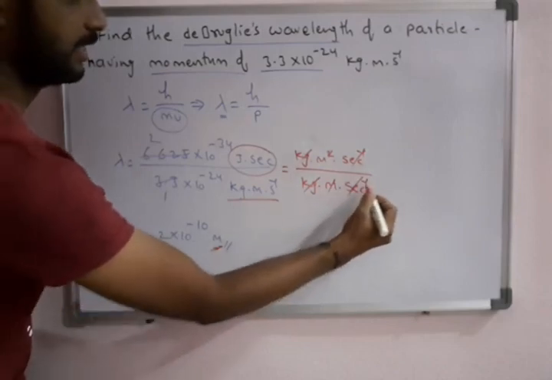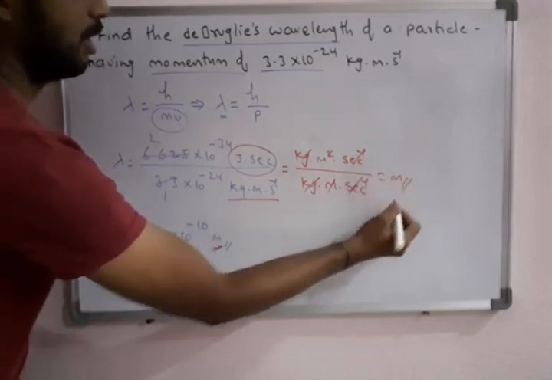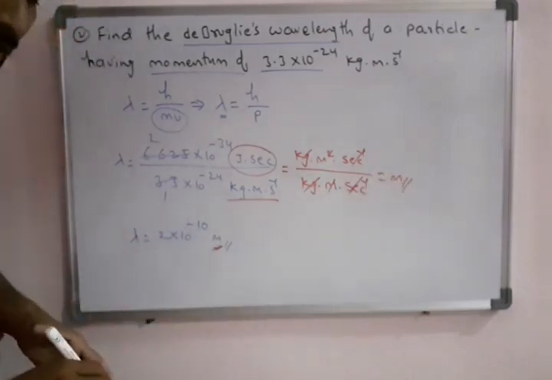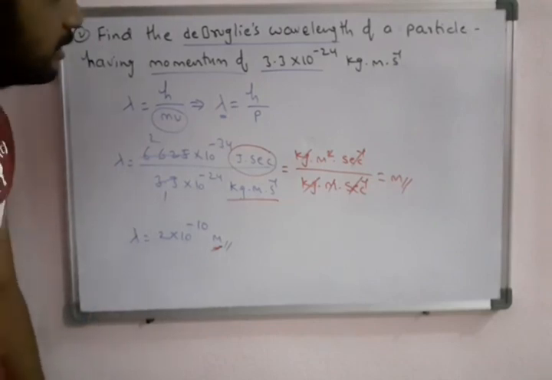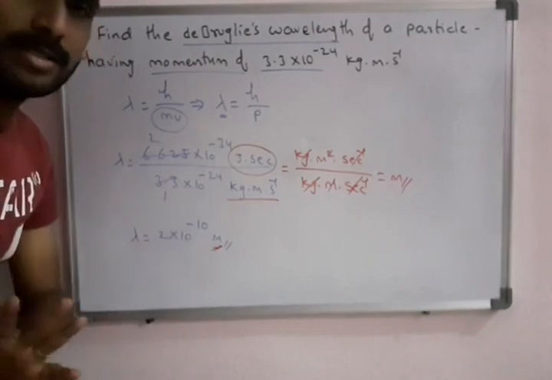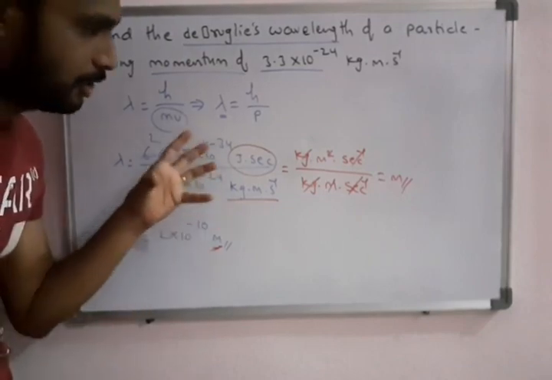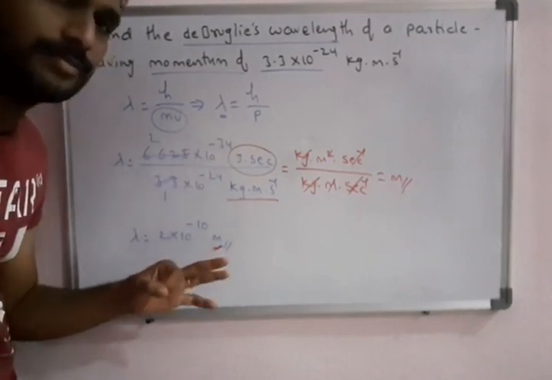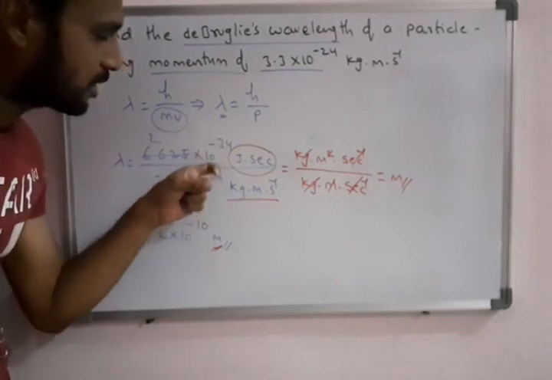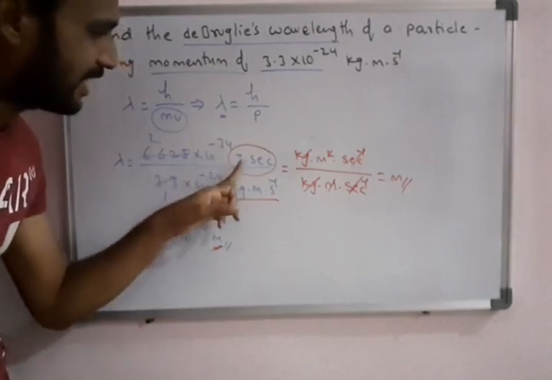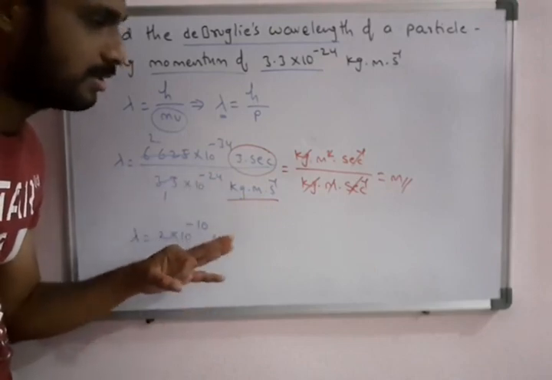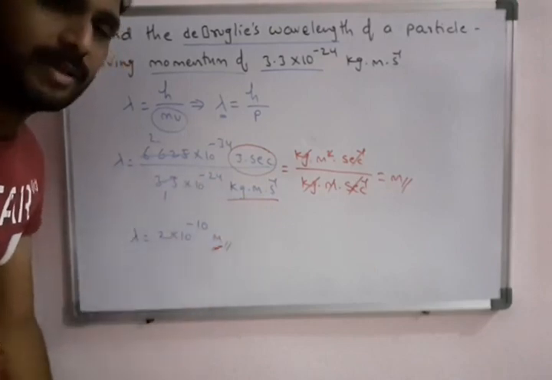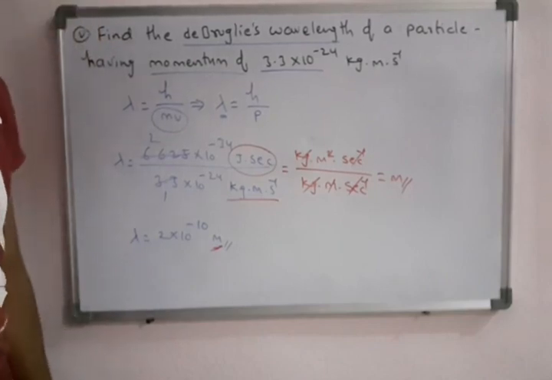So finally we will get meters. Always when doing this type of problem, we must take care of the units. As we are following the SI method, all values must be in SI. If you follow the CGS method, meaning erg into second, then all values must be in CGS. Okay, take it.